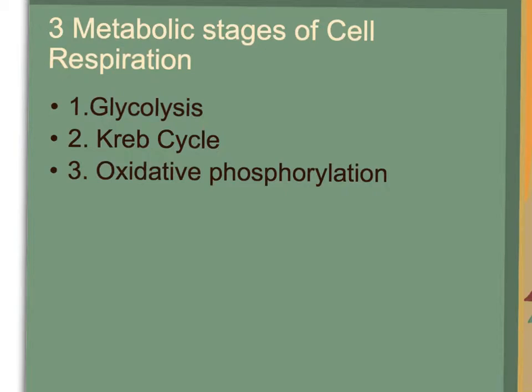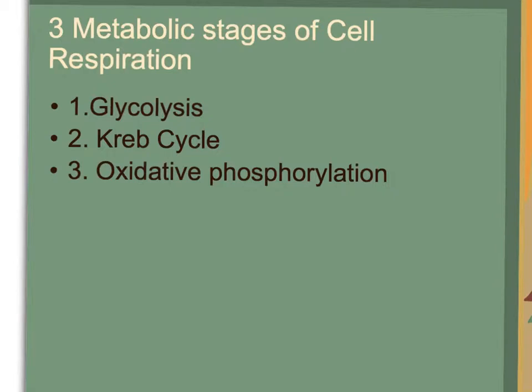So the 3 metabolic stages of cell respiration that we will be discussing will be glycolysis, which occurs in the cytosol, which is outside of the mitochondria, the Krebs cycle, which occurs in the open area of the mitochondria, and oxidative phosphorylation associated with chemiosmosis, and this occurs in the cristae or the folds of the mitochondria.